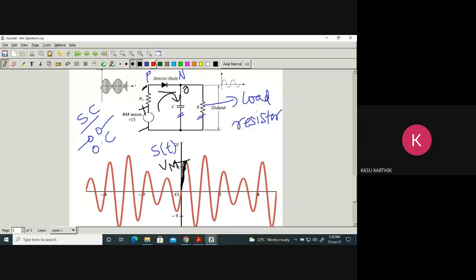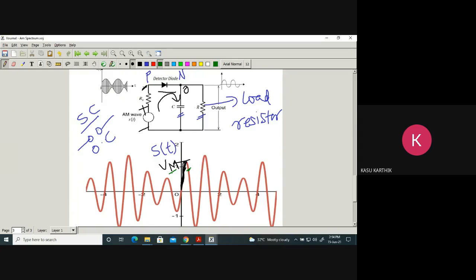Now whenever you apply this voltage as input, P side voltage is this voltage. But N side, the capacitor is already charged to what voltage? Vm. So then what happens? P side will be less than N side. Whenever P side is less than N side, this diode will be reverse biased.